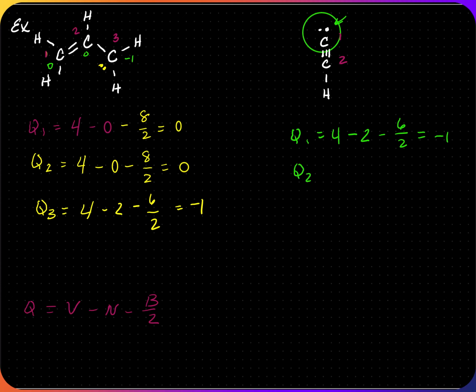The second carbon, again, has 4 valence electrons. It has no lone electrons because all the electrons are bonded, 8 bonded electrons because it has 4 bonds divided by 2. This is 0. This one has a charge of 0.